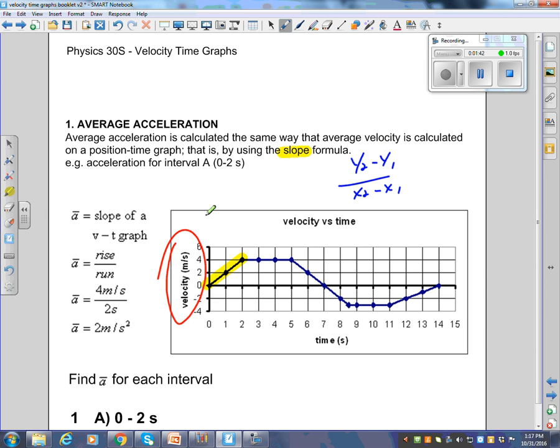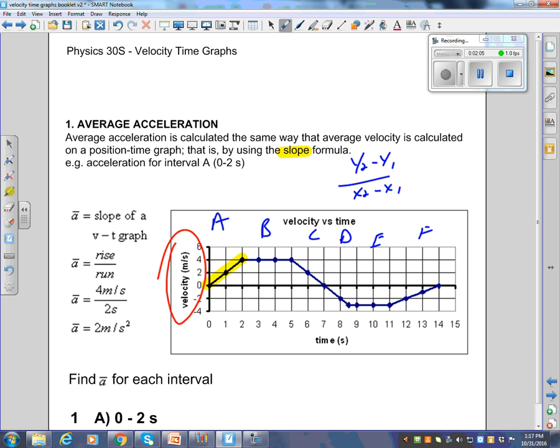Okay, so we're going to find the average acceleration for each interval. We're going to do the first one together. So we're going to find the slope of interval A. Now you have on your sheet the letters A, B, C, D, E, and F, right? You have that on your graph?